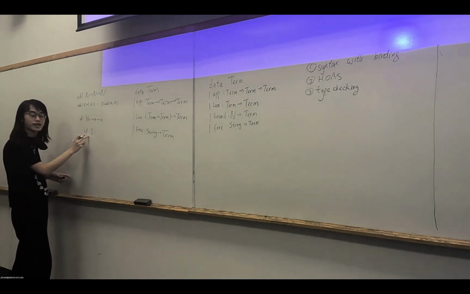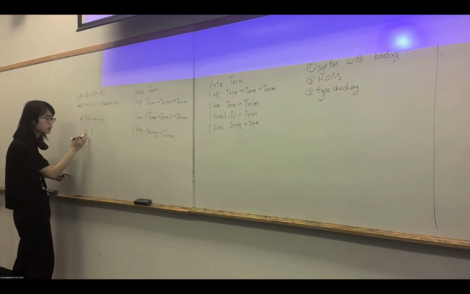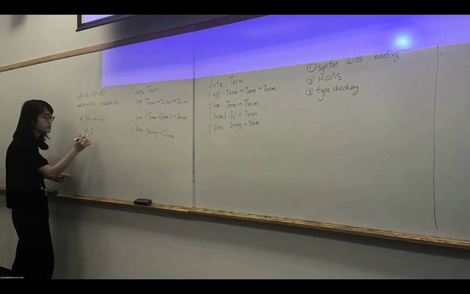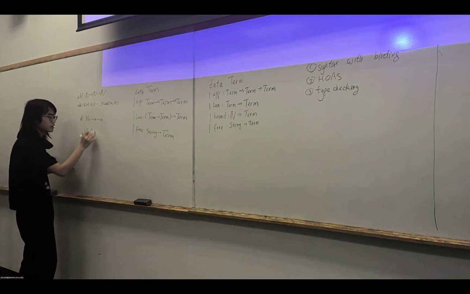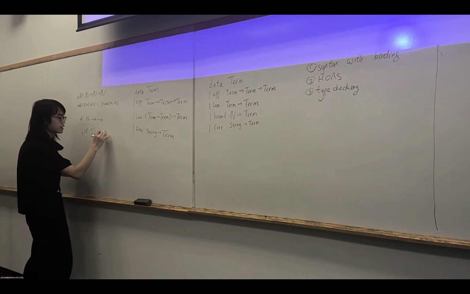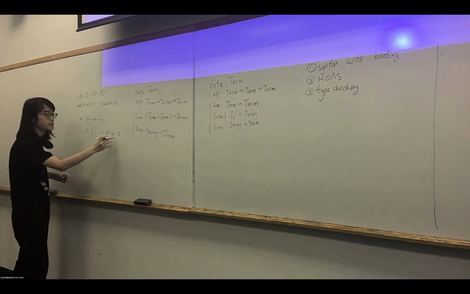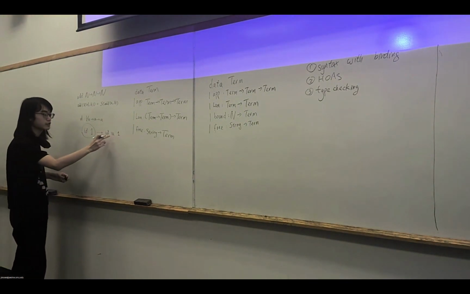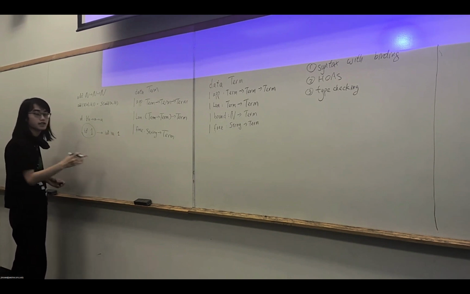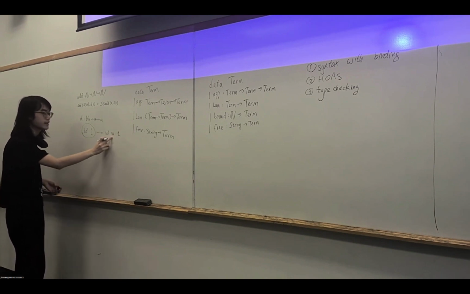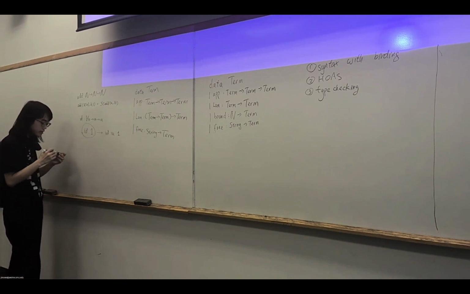So usually you omit it and let the type checker insert the value of A here. So the type checker will translate this term into id applied to an unknown type A, and then applied to 1. And then in the type checking, it will see if this value is equal to the type of 1, and then it will solve the value of A. And this thing in the AST is a mutable node.